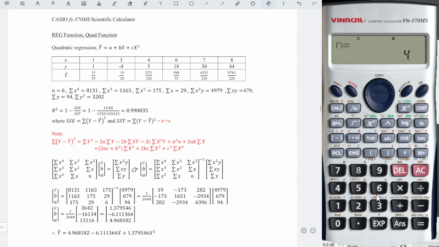Next we have 30 minus 6553 over 220, M plus, and the last one is 44 minus 9761 over 220, and we press M plus.